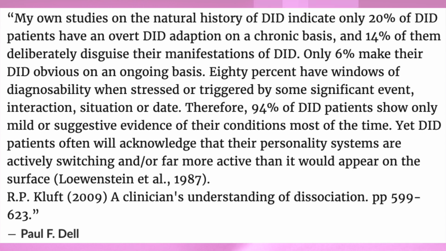Only 6% make their DID obvious on an ongoing basis. 80% have windows of diagnosticability when stressed or triggered by some significant event, interaction, situation, or date. Therefore, 94% of DID patients show only mild or suggestive evidence of their conditions most of the time. Yet DID patients often will acknowledge that their personality systems are actively switching and or far more active than it would appear on the surface."